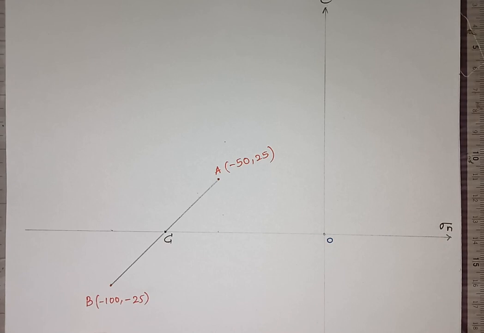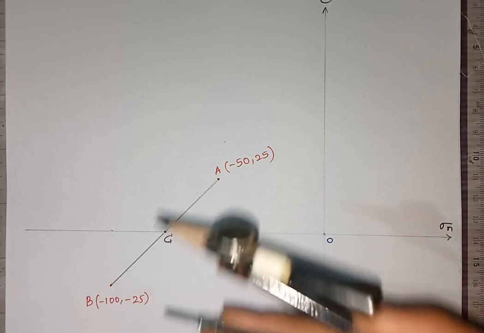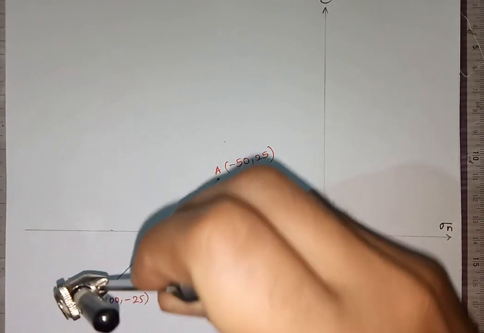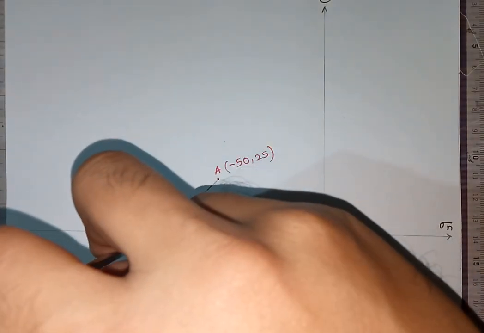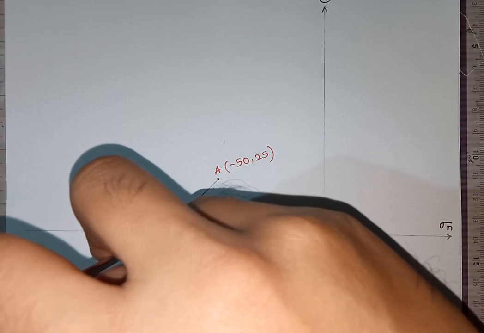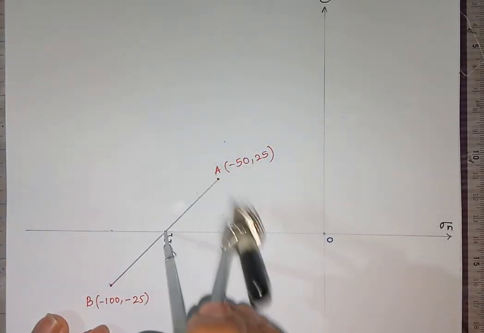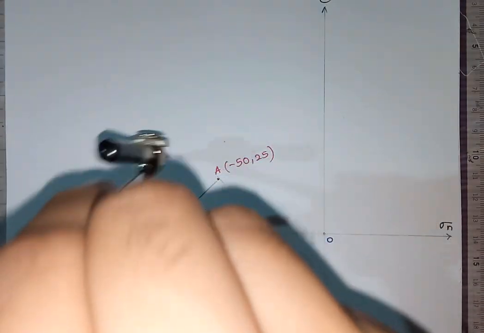So once this is done, I need to draw a circle, taking CB or AC as radius. So let me check out. Okay, perfect. Right?